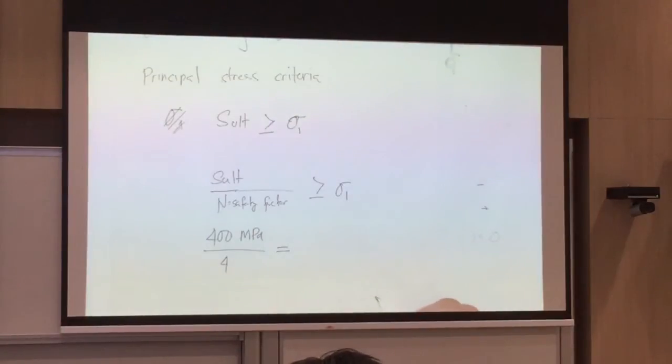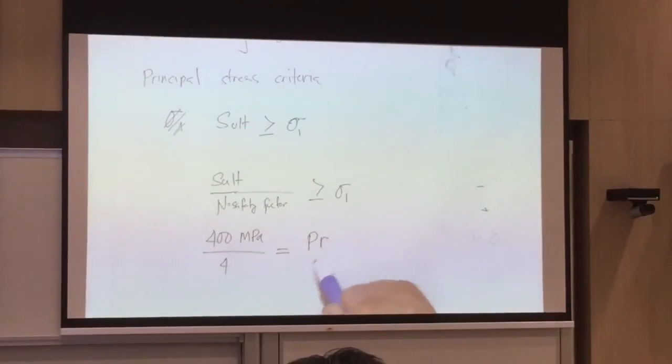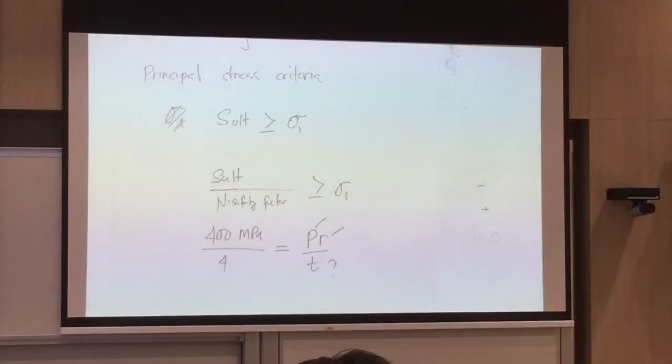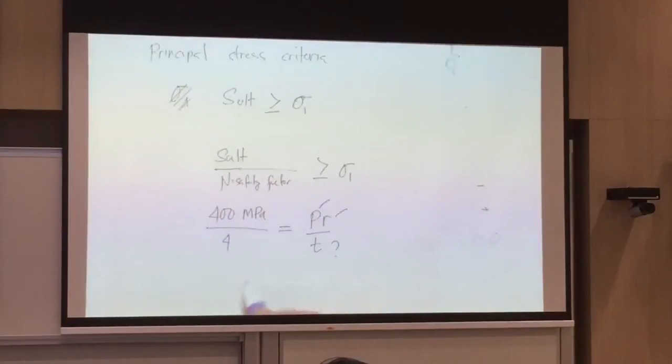First principal stress, inward pressure vessel: T R all over T. So what is given? This is unknown, so you can solve for T. So what's your thickness?